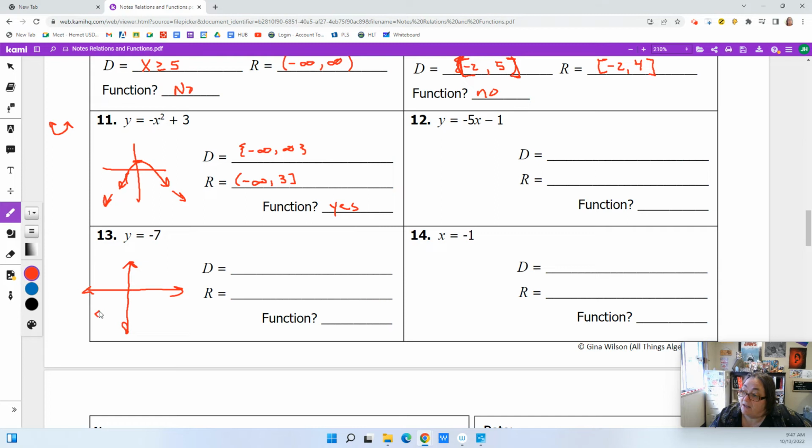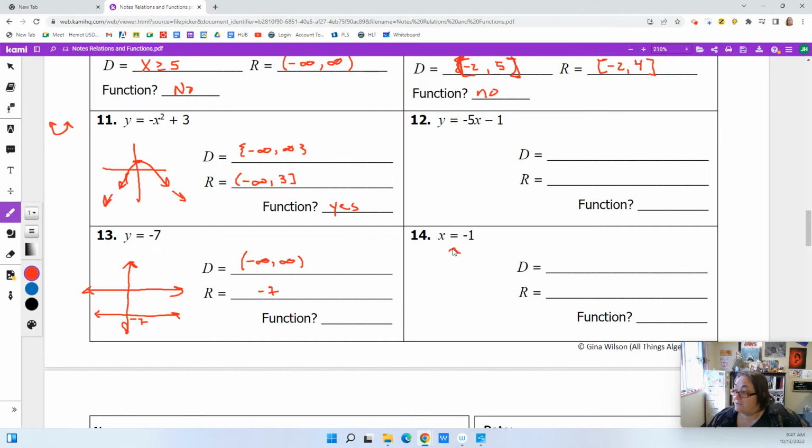It's just a line like this at -7. So my x values, I can have any x value, but the only y value I have is going to be -7. No matter what I put in for x from -infinity all the way to infinity, my y value can only be -7.